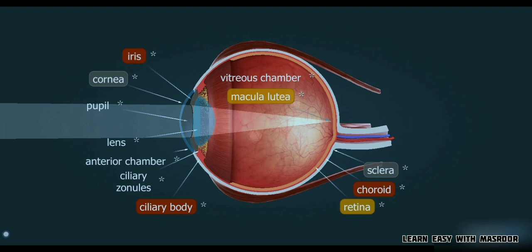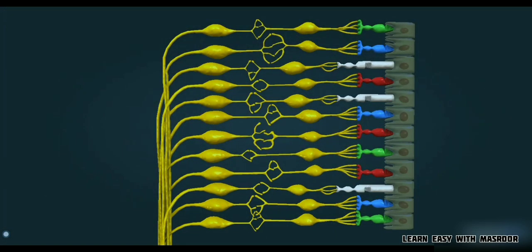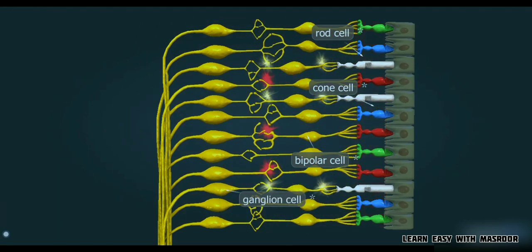In its center, there are only cone cells, while around the edge there are more rod cells. The blind spot is the place where the optic nerve passes through the retina. There are no receptor cells here. The image or the impulses produced in the receptors in the retina are transmitted to the brain by the nerve fibers in the optic nerve.